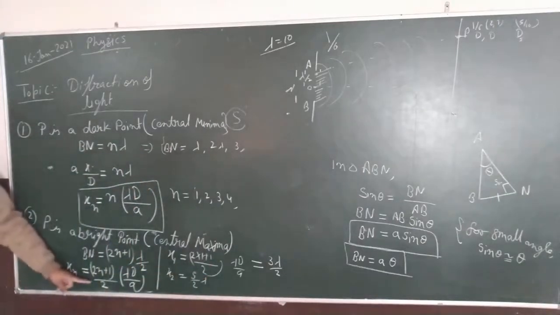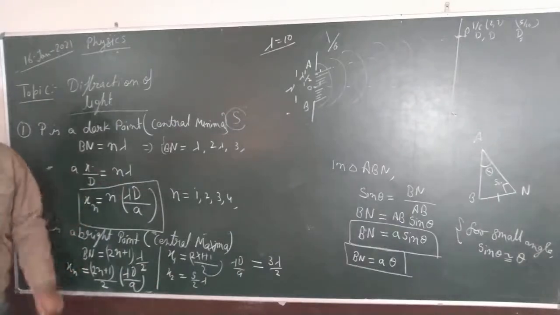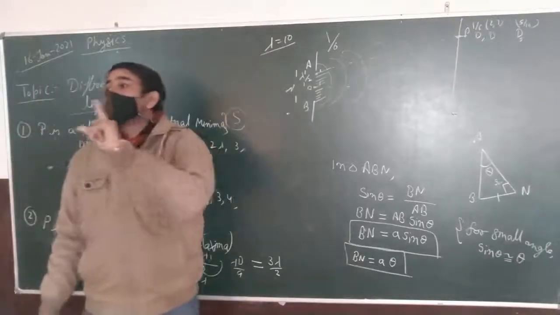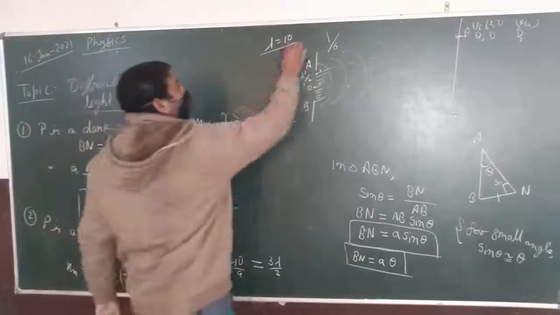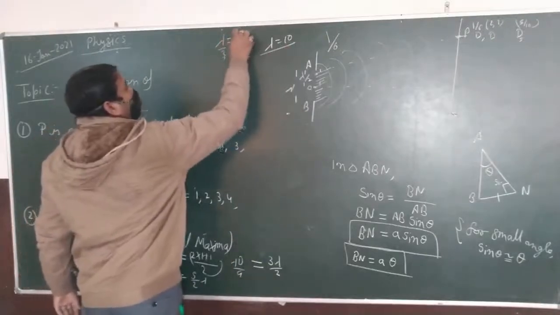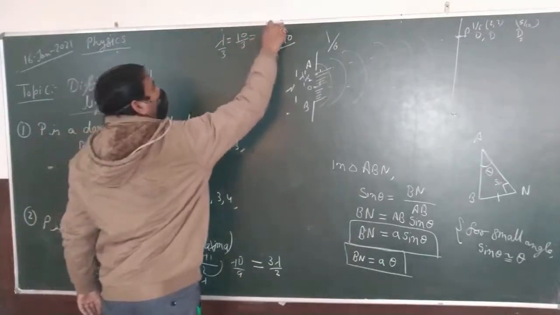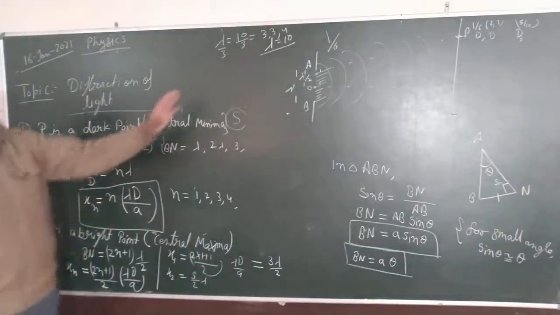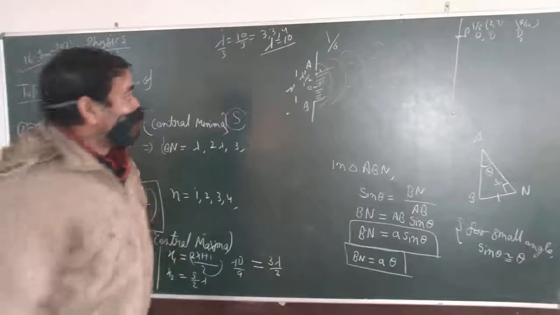For 3, it will be 7 by 2 lambda, and so on. Now, if we divide this into 3 parts, 10 by 3 is 3, 3 and 4.